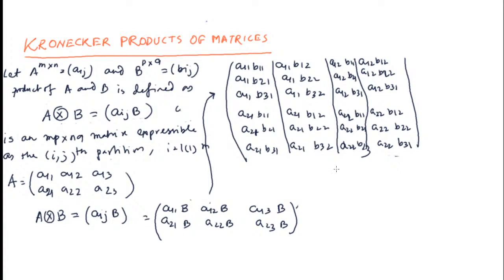And this is the fifth column: a13, a23. And the sixth column.